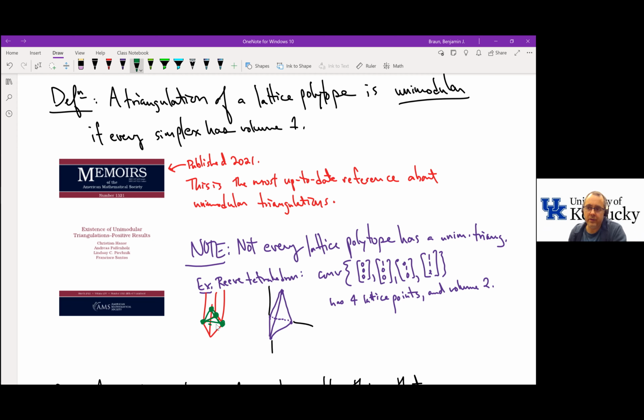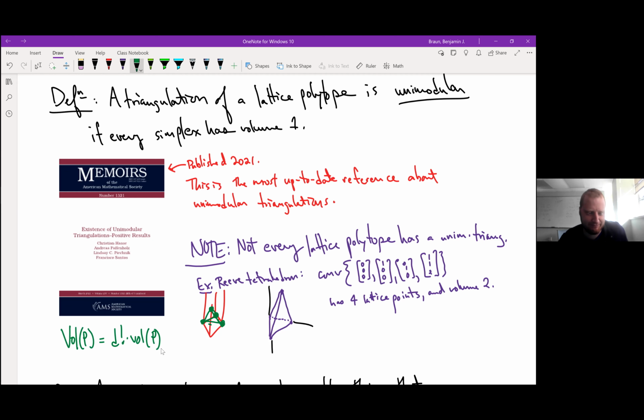My question is, what does it mean to have volume 2? Because for me, volume 1 means... Yeah, in this case, if you compute the Euclidean volume, the normalized volume of P is going to be d factorial times the Euclidean volume of P. Now, the problem is that if you're a line segment in R4 or something, then you have to take the affine span of that line segment, and then look for a minimal lattice simplex in it and define that to have volume 1.